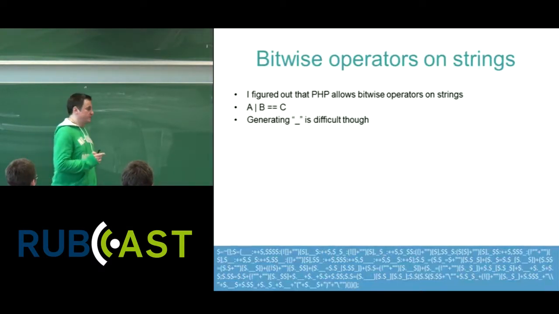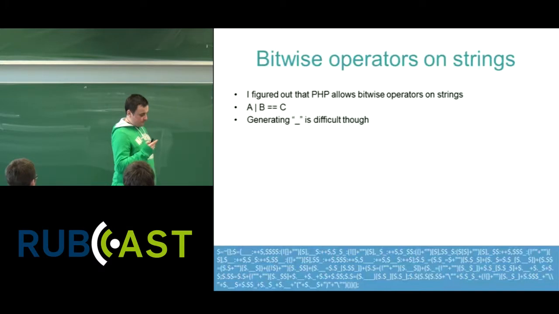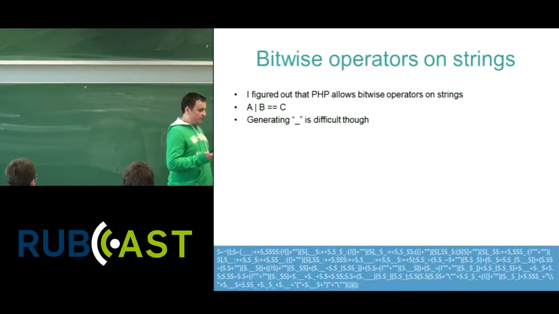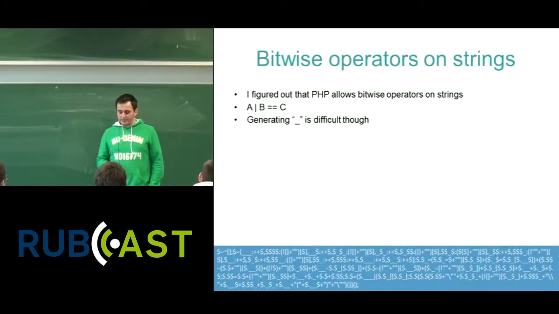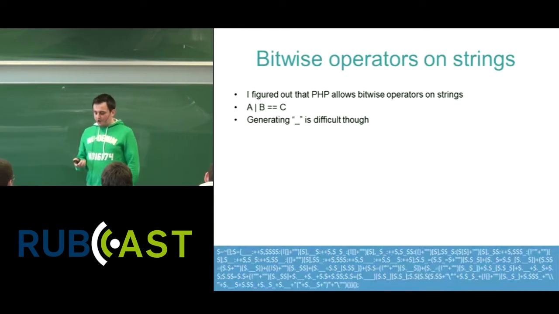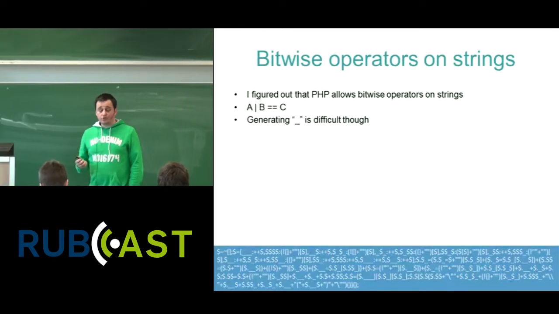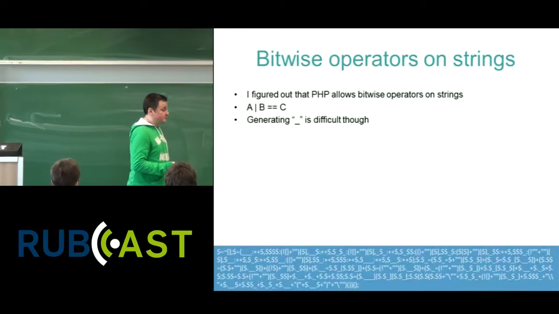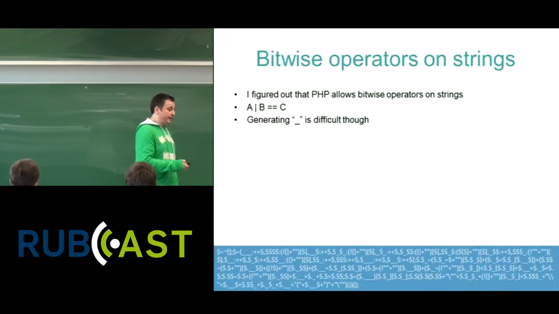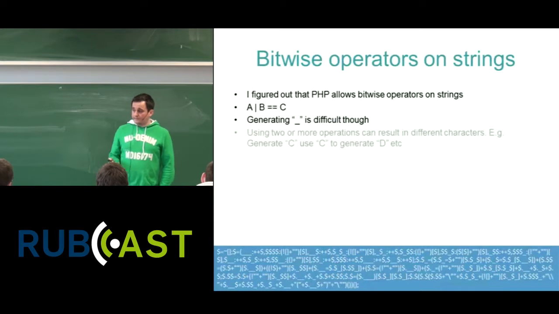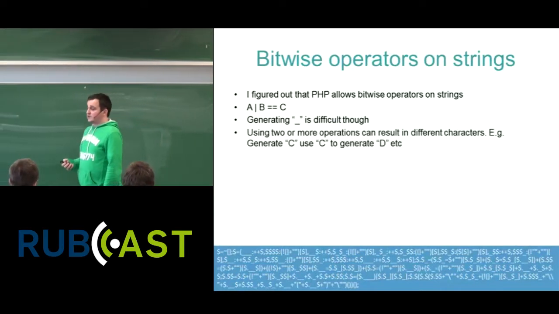Underscore is important because there's a variable in PHP called GET, which returns the GET form variable. So you need underscore in order to get that, so that you can pass data to PHP and execute it.